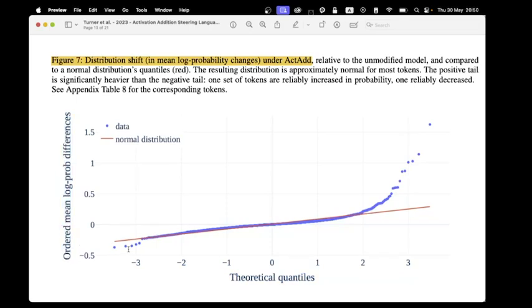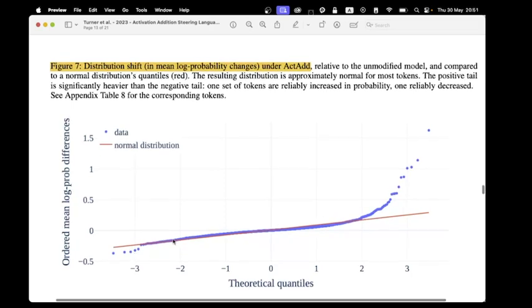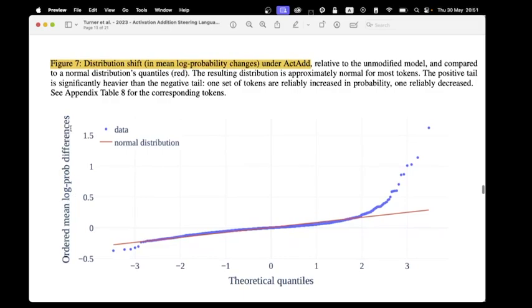One reason is that they are ordered, and this is why we have the negative ones at the left and the positive ones on the right. And then why is the magnitude like that? This is because these are log probabilities. Okay, I got it. Yeah, a really interesting y-axis here.